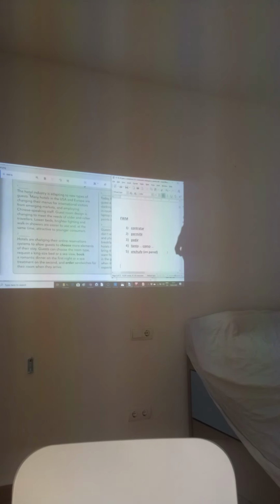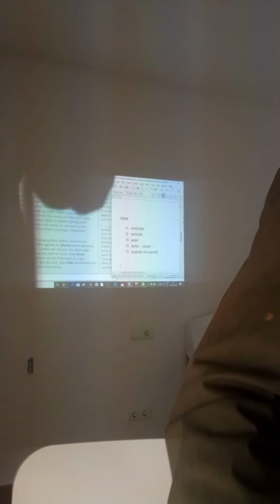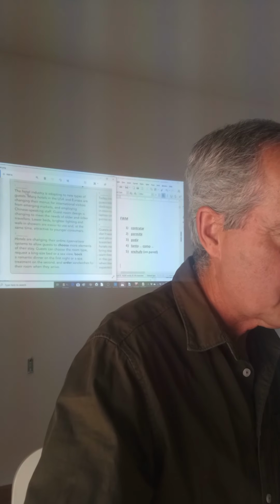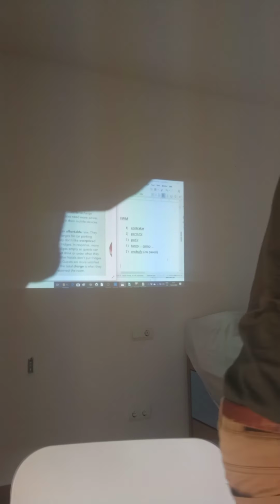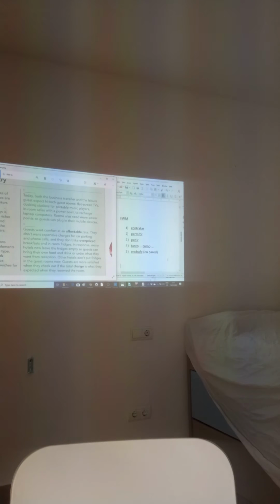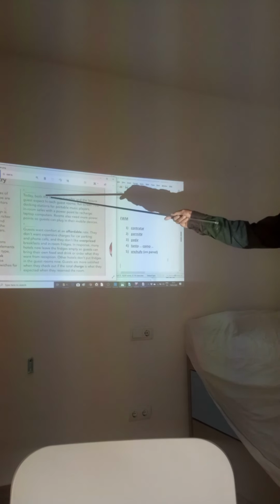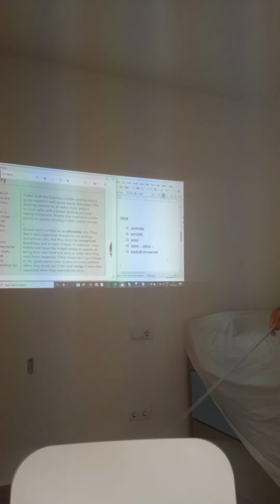Let's have a look at the next one, tanto como. This is in the next paragraph, and we already talked about it. Let me show you the next paragraph. What was it? Do you remember? Tanto como, that's it. Both and. Although literally, as I said before, both is ambos, or ambos, y, but we translate tanto como.